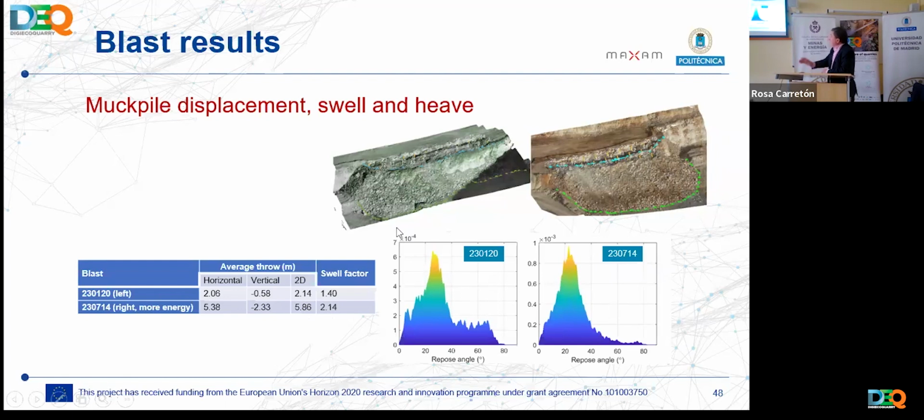By the way, those two blasts were done with the same drill hole pattern. This was done with a higher density explosive, so more explosive, higher powder factor than this one. Same drill pattern. That's very good, so that you don't mess your driller too much.